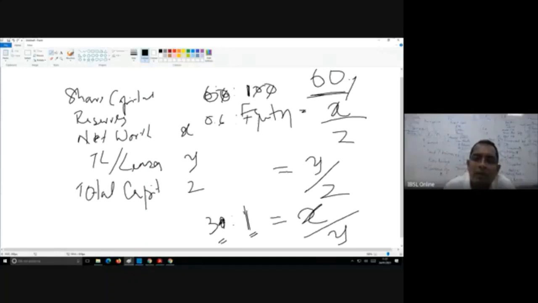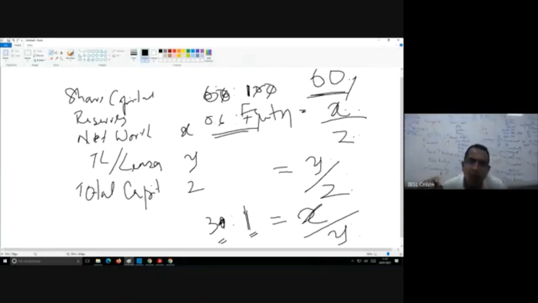From each 1 rupee, 60 cents is from equity. So you can write it in any way. This shows out of the total capital, how much is equity. This shows out of total capital, how much is debt. This shows per rupee of debt, what is the owner's capital.